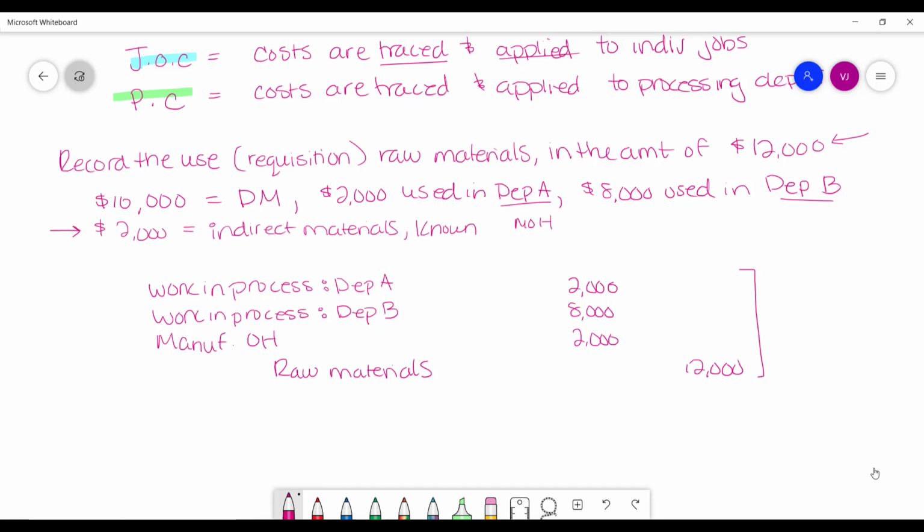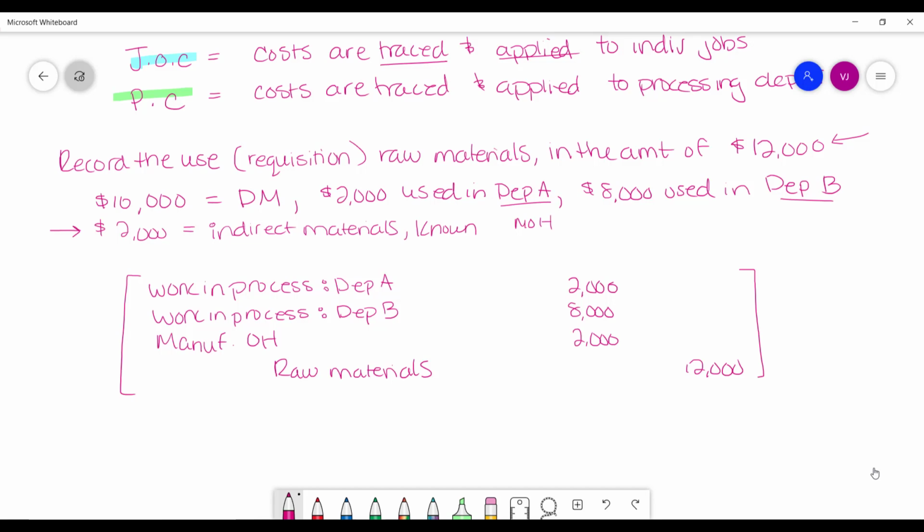So we've broken up that $12,000 into the $2,000 of indirect materials and the $8,000 of direct materials used in processing department B, and $2,000 of direct materials used in processing department A. Okay, so as you can see, the only difference here is we have an additional work in process account added in there.